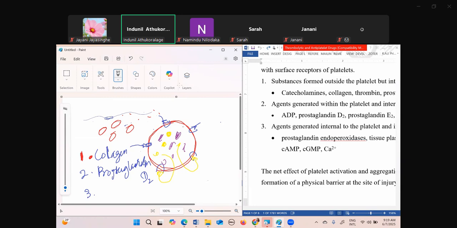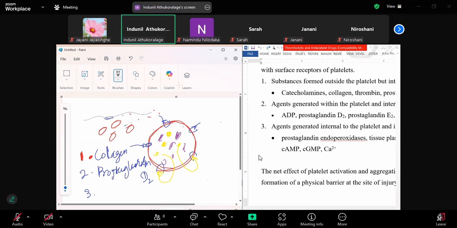So what are those? Can someone give an example for the third type?